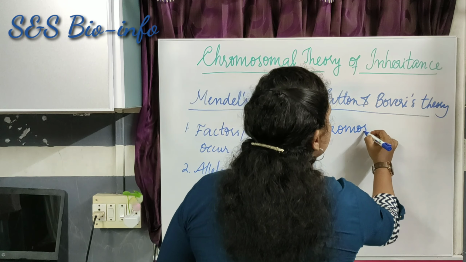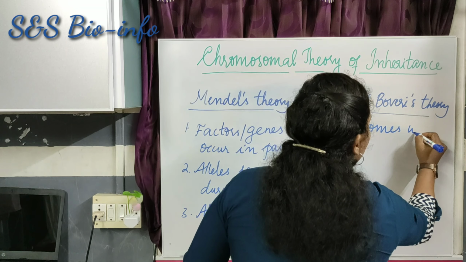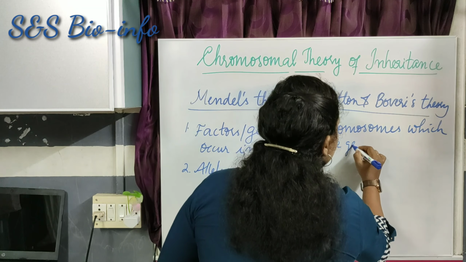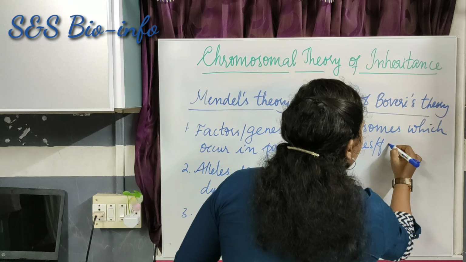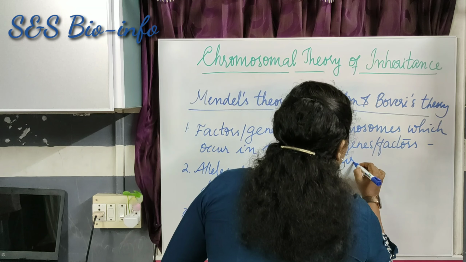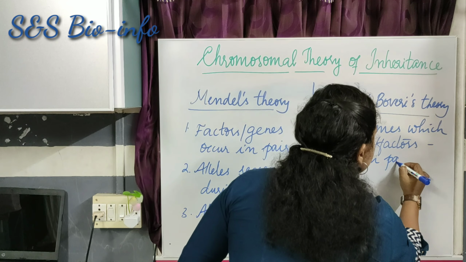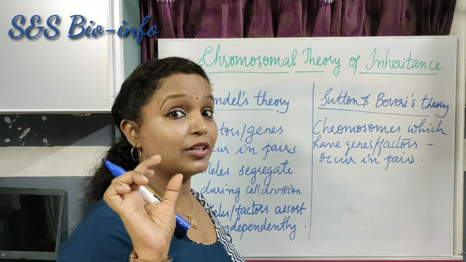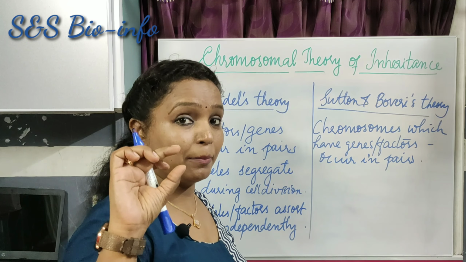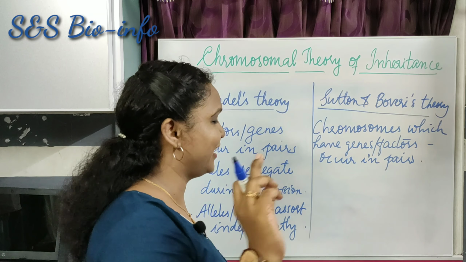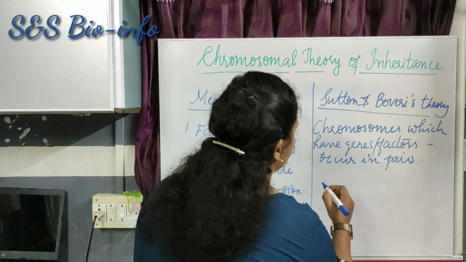Second point, these chromosomes are paired homologous chromosomes. Homologous chromosomes segregate during meiosis.